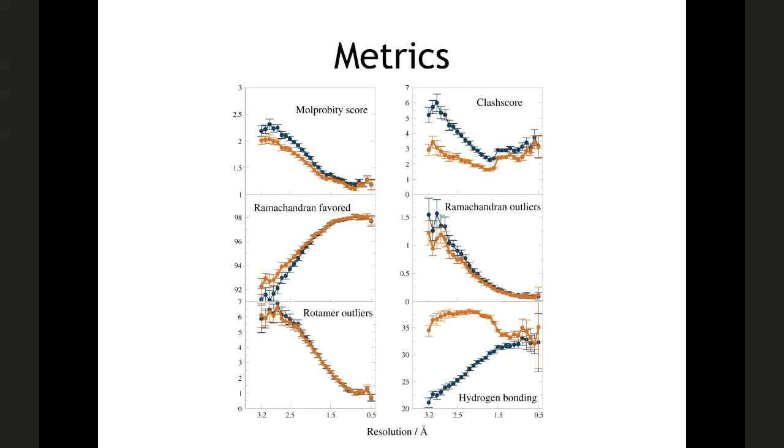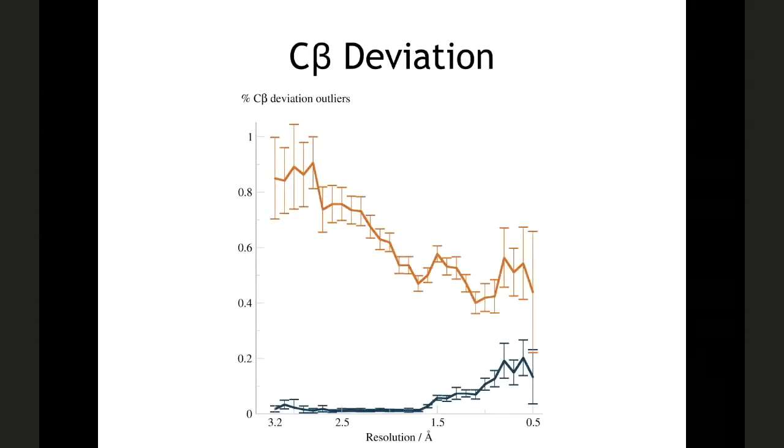We're happy, but when it came time to look at CBD deviations, there was a very different story. Now, this is a plot of the percentage of C-beta deviations. So it's the percentage of C beta atoms that are outside the desired radius, that's 0.25 angstrom, as determined by the algorithm that was developed by the Richardsons.